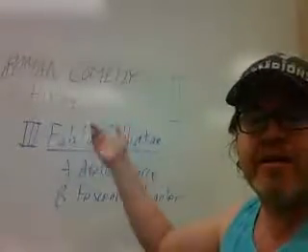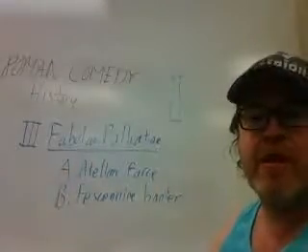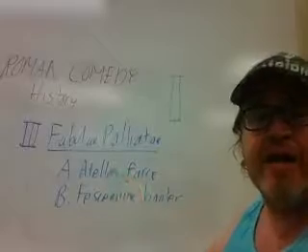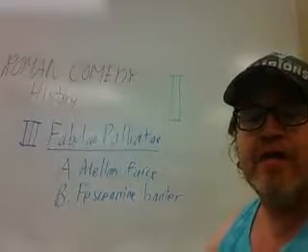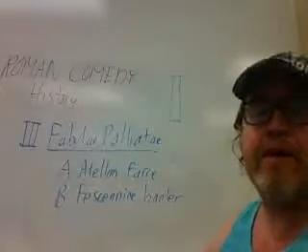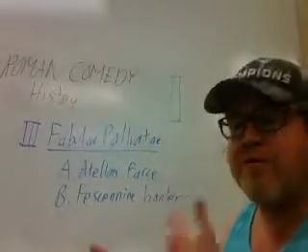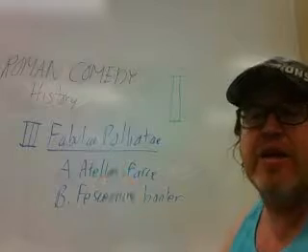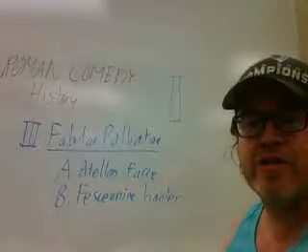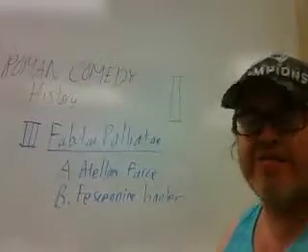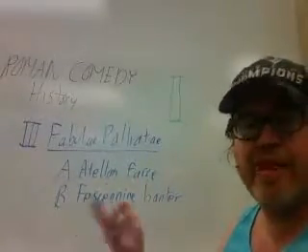Okay, so the Fabulae Palliatae, again, are based on Greek models. Where do they get those models from? We have the Atellan farce. This is a local form of essentially farce play. It's actually here where we get a lot of the stock characters that we hear about in later Roman comedy, like the cook, the slave, the old man, and so forth.